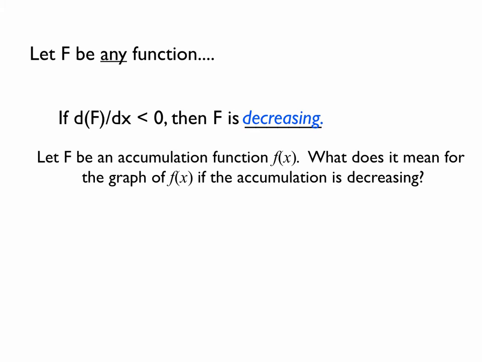Okay. So let's reread this sentence. Let f be an accumulation function, f of x. What does it mean for the graph of f of x if the accumulation is decreasing? The only word that's referencing change here is decreasing. So I'm not asking about the rate of change function. I'm not talking about the rate of change of the rate of change. I'm not talking about any of those things. I'm just asking, what does it mean for a graph to be decreasing?